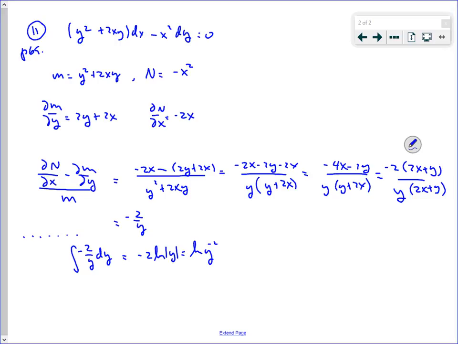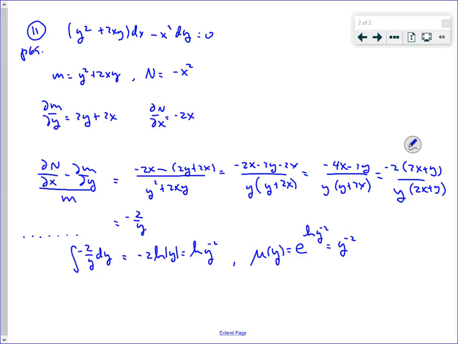Okay, so that's the log of y to the minus 2. And our integrating factor is a function of y, and it's e to this power. So fortunately, things have worked out pretty simply so far.